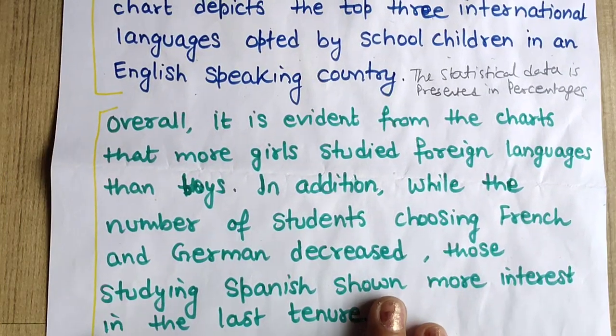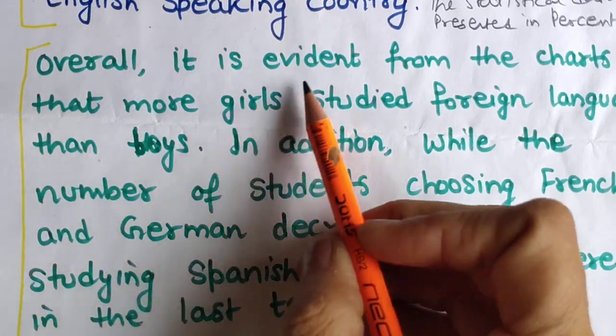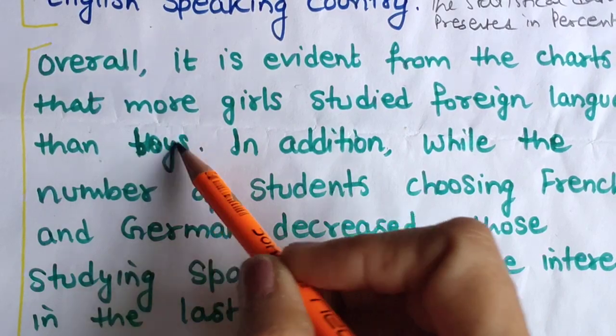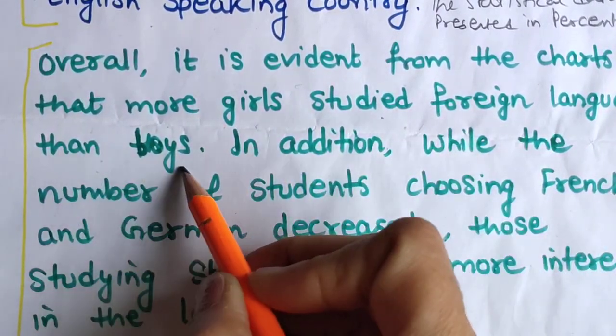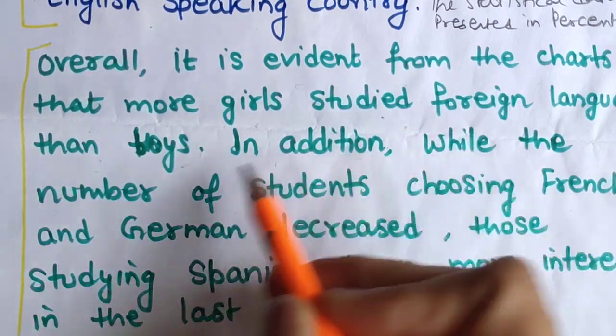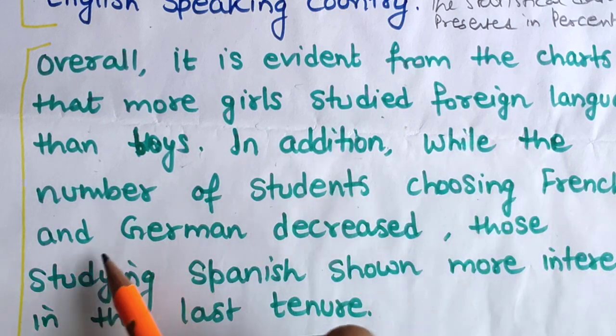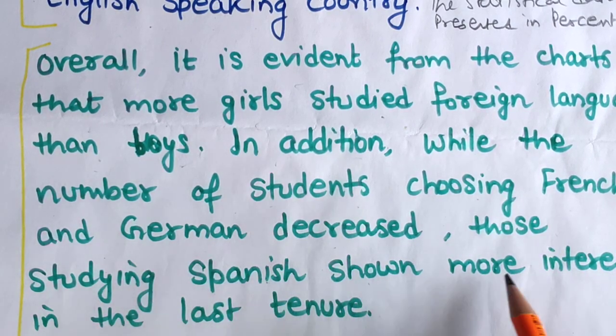So overall you can see this. Overall, it is evident from the charts that more girls studied foreign languages than boys. Simple thing, I have written it from the first bar chart. In addition, while the number of students choosing French and German decreased, those studying Spanish showed more interest in the last tenure.